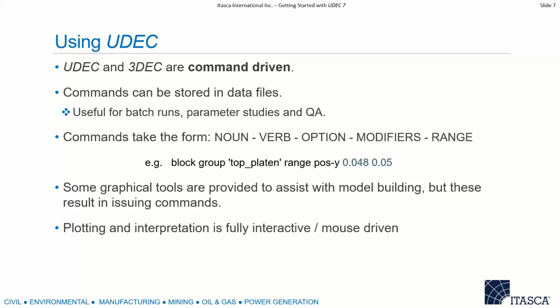All the commands take the form noun, verb, option, modifiers, range. We'll show a bit more about this later, but you can see an example here. You start with the thing that you're operating on, the block, and then you're going to do something to that block. In this case, you're going to group it, and then you give a name of that group, and then you give a range, and this is usually some spatial range over which the command is acting.